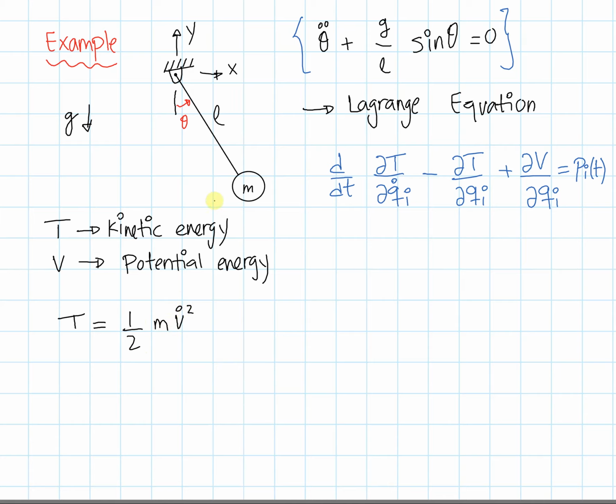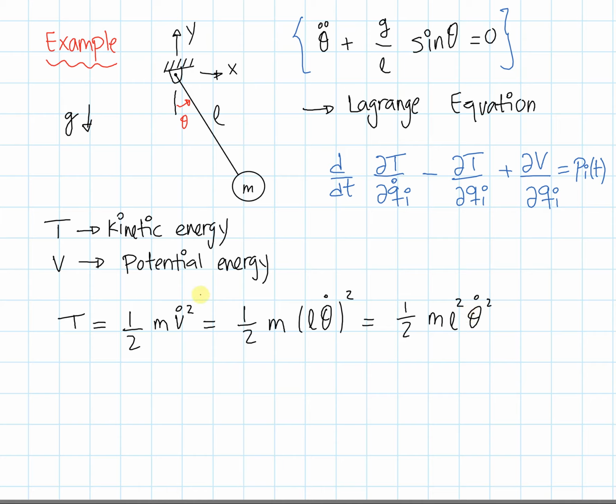If I'm thinking about the velocity of this mass, and my degree of freedom, by the way, is theta, I can simply write 1/2 m (L theta dot) squared, because L theta dot is equal to V. And I can take the square terms and express my kinetic energy equation, and that's what I'll have.